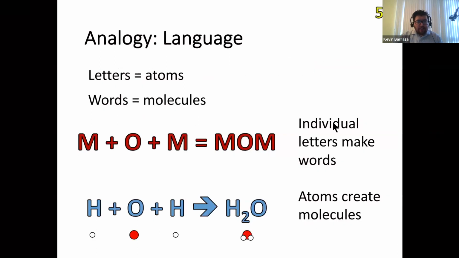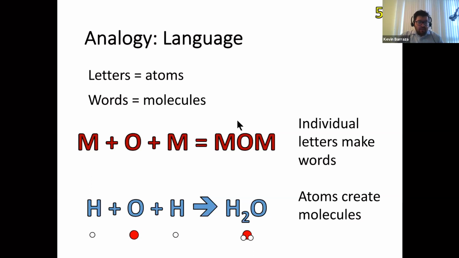Just to give us an analogy of how this works, one way we can think of it is that atoms are like the letters of our universe, right? Everything is built off of atoms. So these tiny specks build everything that we see, we feel, we sense around us. But just like how we can discuss letters by themselves, some letters are okay by themselves, most of them combine to make words.